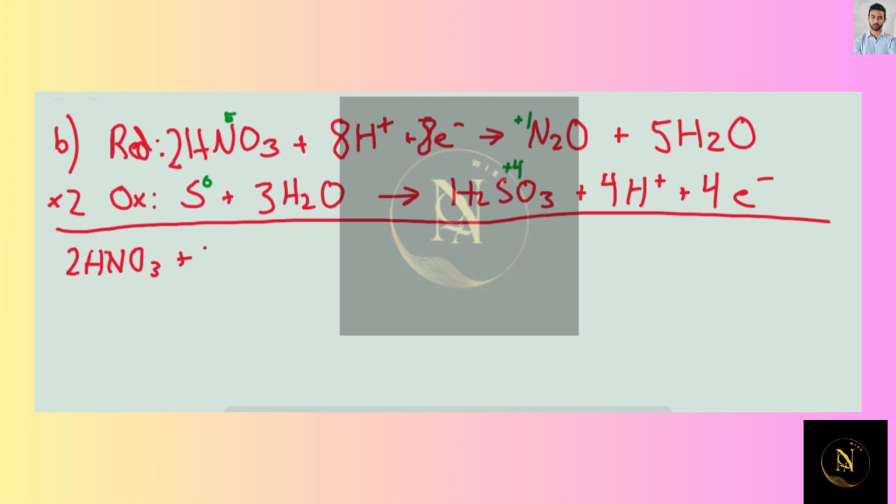Plus 2 sulfur plus H2O produces 2 H2SO3 plus 4 N2O.